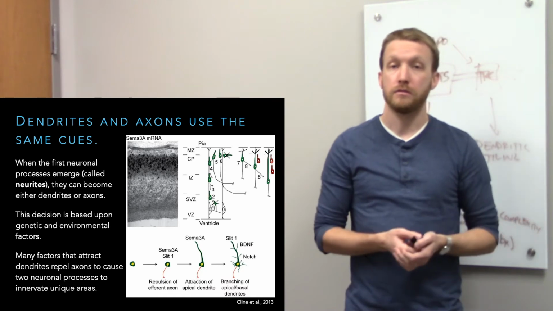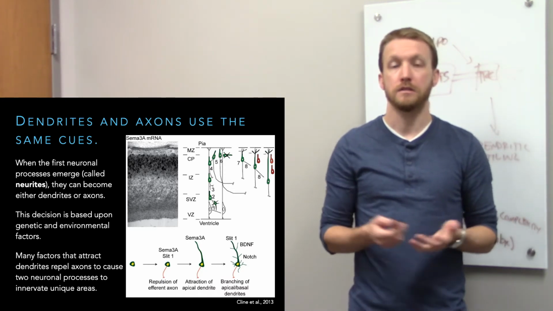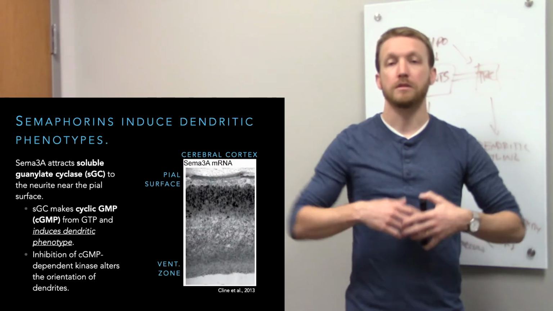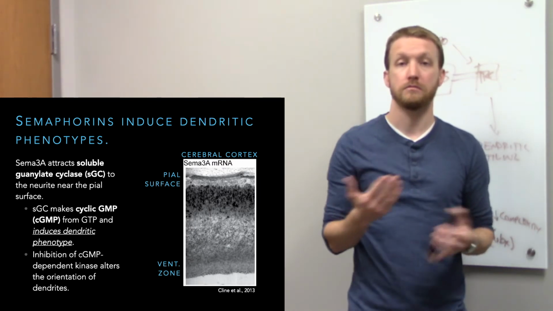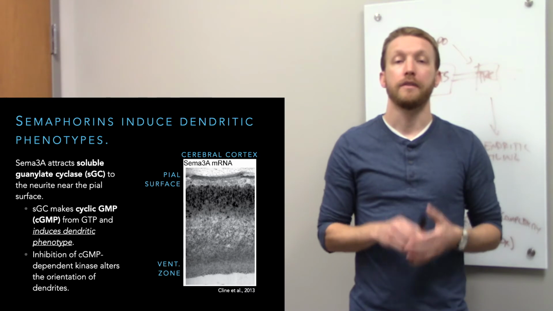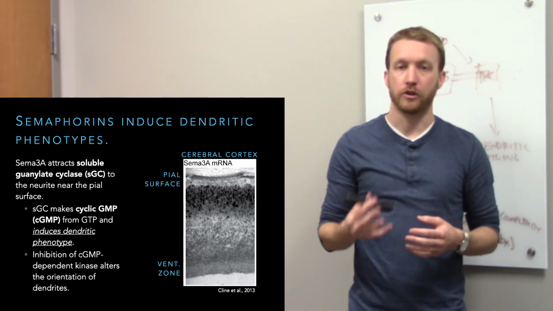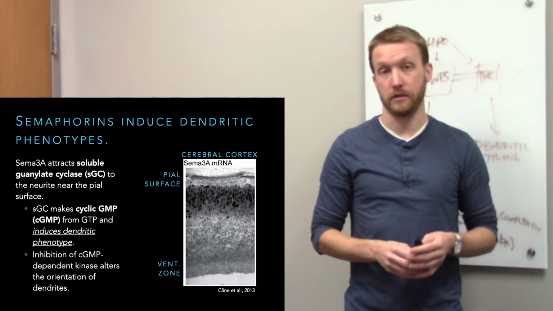Semaphorins are going to repel axons, but what they'll do for dendrites is help them grow, and help adopt a dendritic phenotype. So anything that does grow upward is going to become dendrite. They won't decide to become axon. It'll be that neurite that's exposed to the lowest levels of semaphorins.